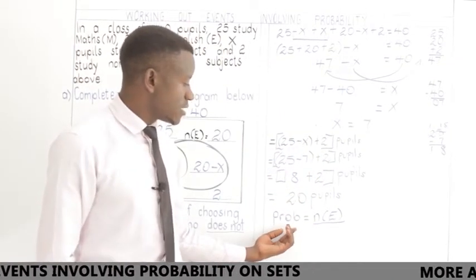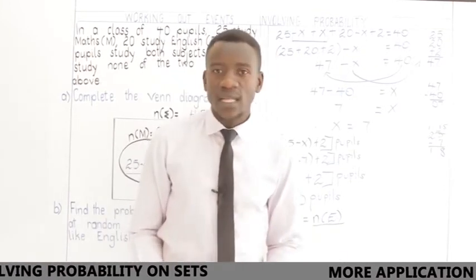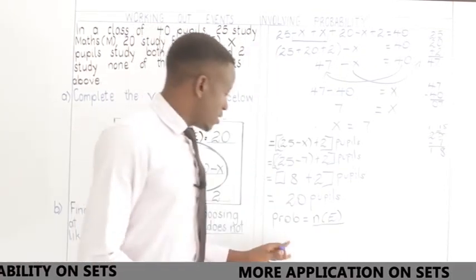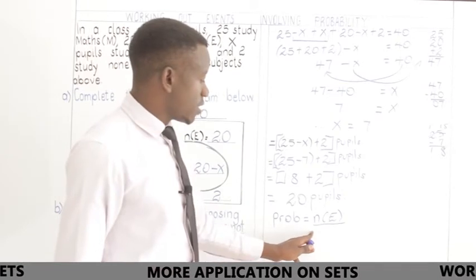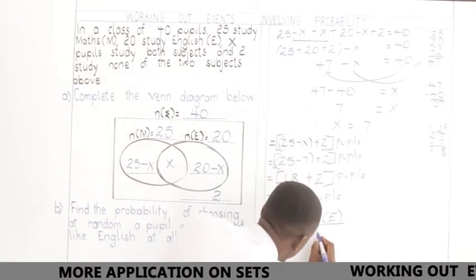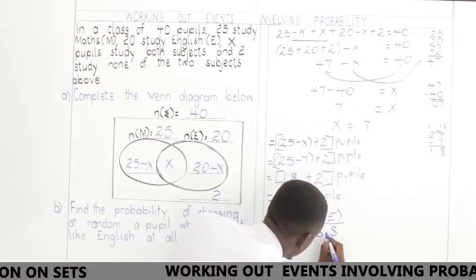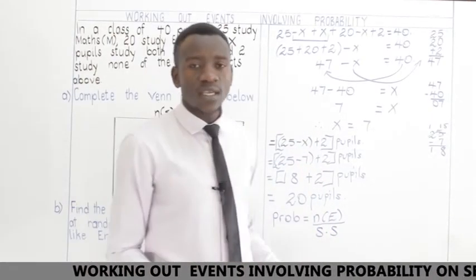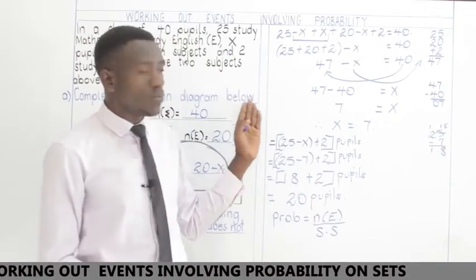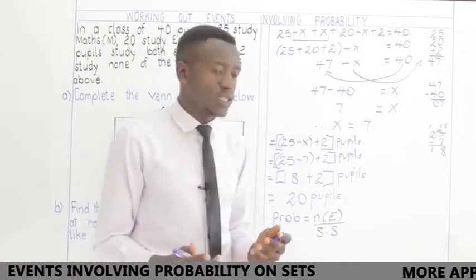This one, probability, stands for the number of events that can happen, out of the number of total events, which we sometimes call the sample space. And we said the total sample space in a Venn diagram is at this time the universal set.